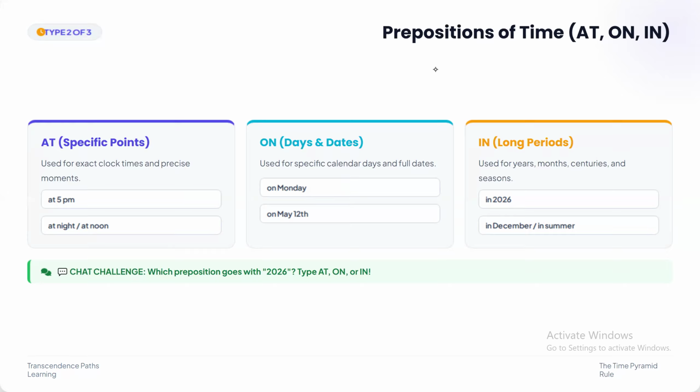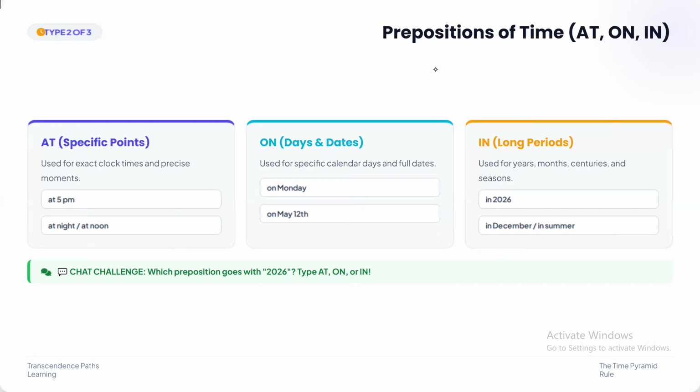At is used for an exact clock time and a precise moment. Whenever you have a clock time, for example, at 5 p.m., at night, at noon, you tend to use at because it's talking about a specific time.